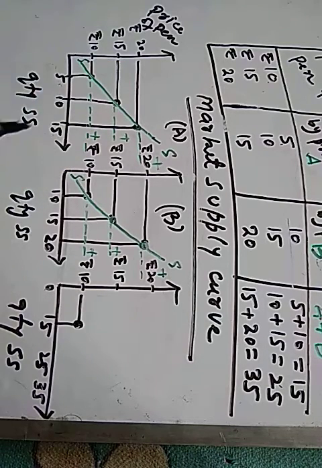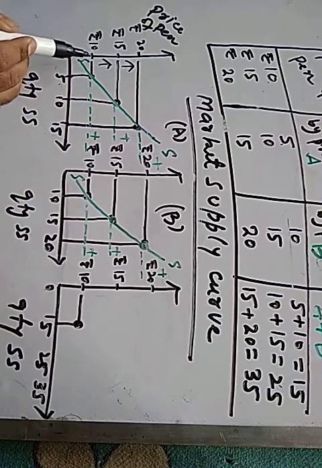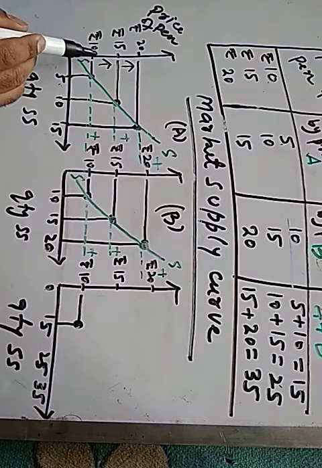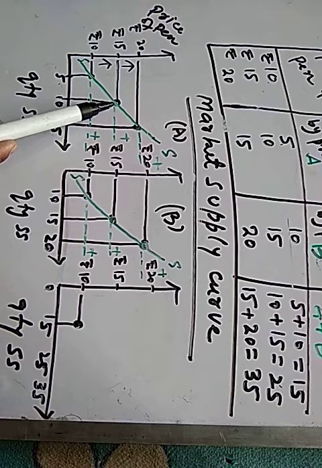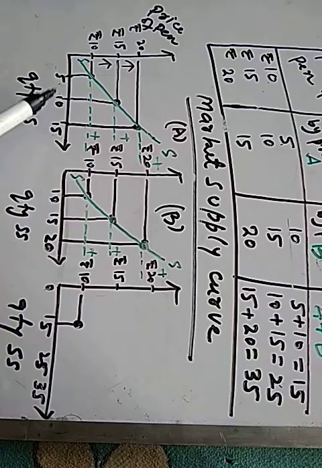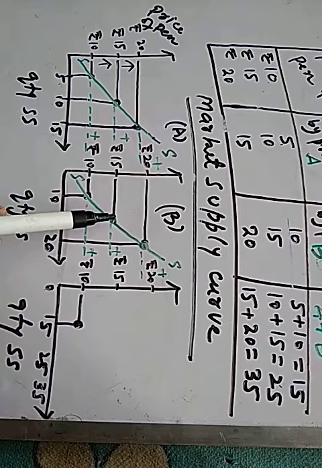When the price increased from 10 to 15 rupees, at this price of 15 rupees the supply by producer A is 10 units, and at the same price of 15 rupees the quantity supplied by producer B is 15 units.